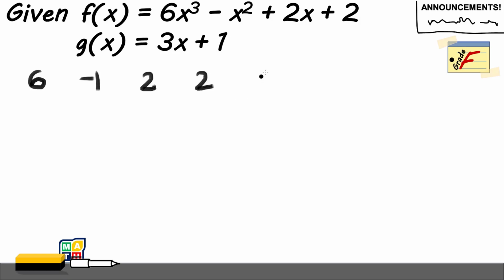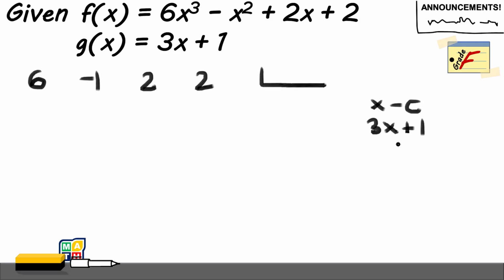Now for our constant c that will be placed here, it is patterned on our divisor, which is x minus c. But our given is 3x plus 1. So we cannot say that our c is 1 or 3. I don't know what number you're thinking of.